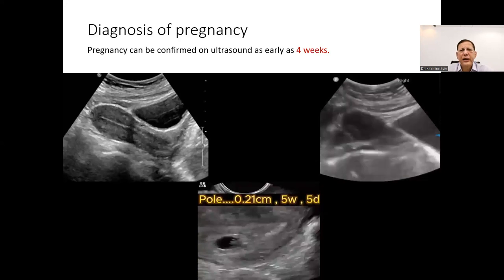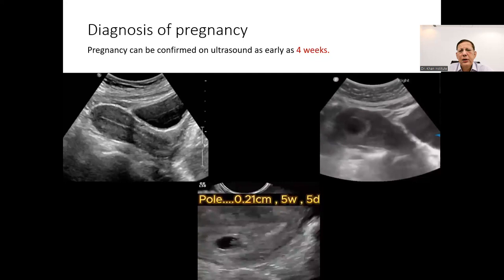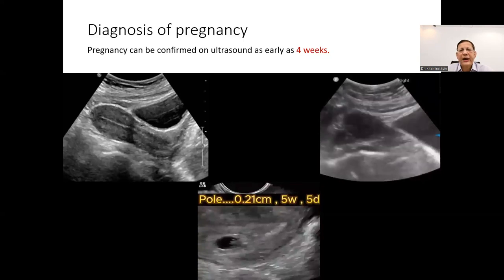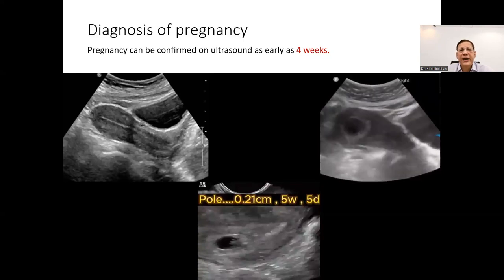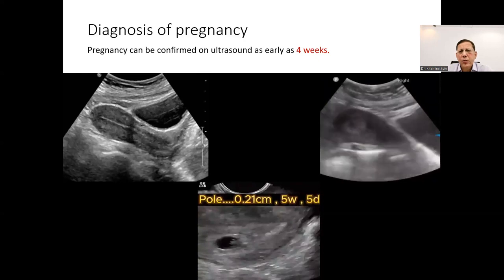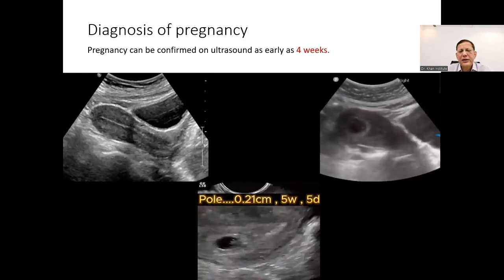There are so many conditions in which it will be a false positive, meaning there is no pregnancy but it shows pregnancy. And there are so many cases in which the urine pregnancy test will show a false negative, meaning there is pregnancy but the urine test kit shows no pregnancy. So that is not reliable.